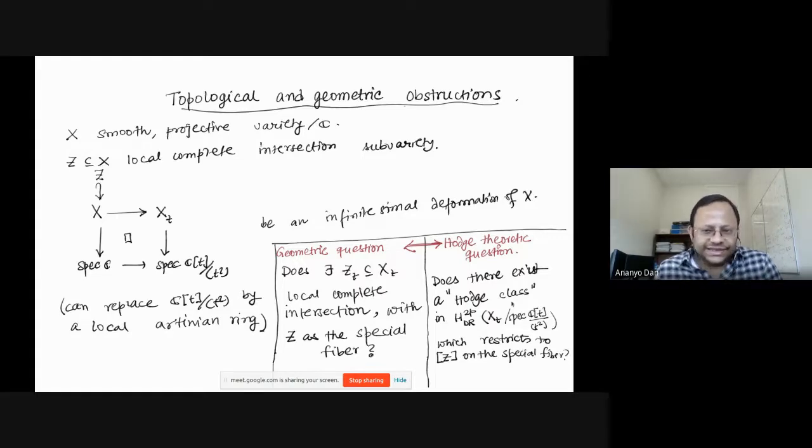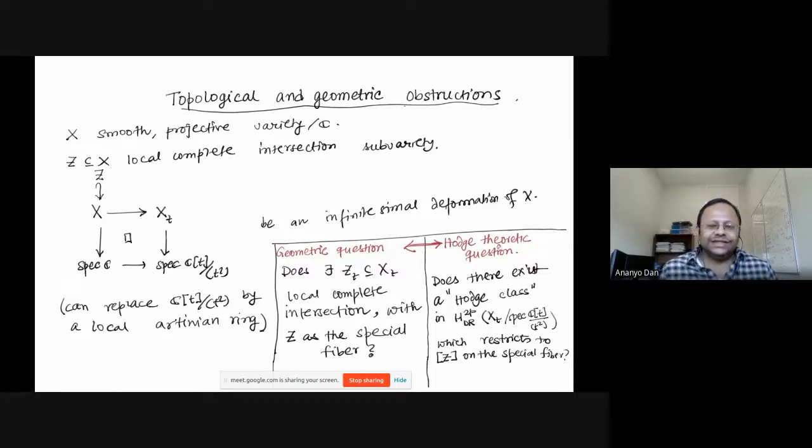The question whether the Hodge class in X lifts to a Hodge class in this relative setting is asking whether the cohomology class of Z deforms as Z tensor 1. It looks like you can always do that, but that is not always true.